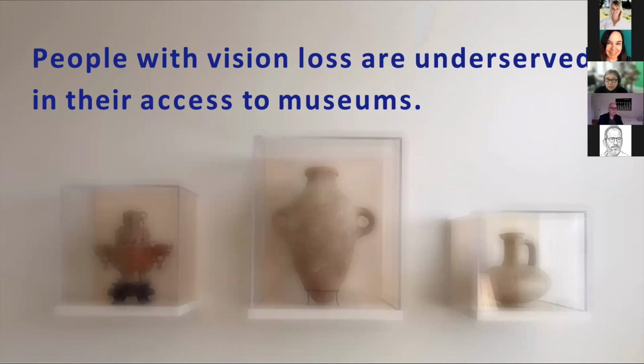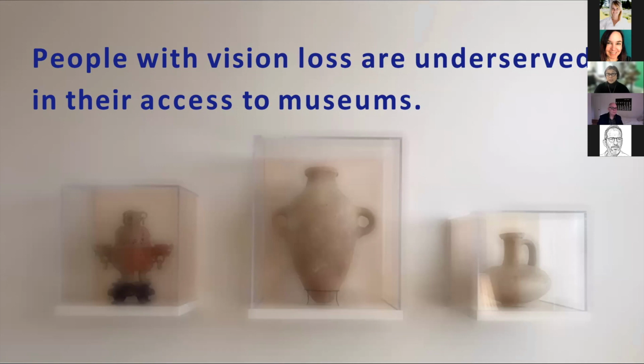The background image on this slide shows museum objects housed in sealed showcases. This image really reflects a common occurrence that leads to the problem where people with vision loss are underserved in their access to museums. And what do we mean by access?